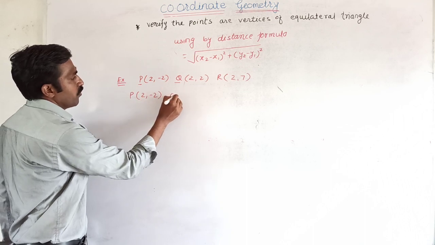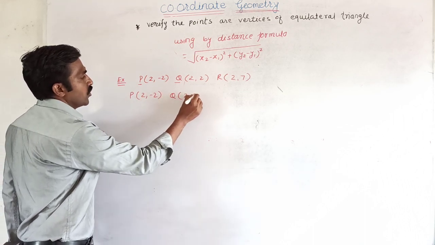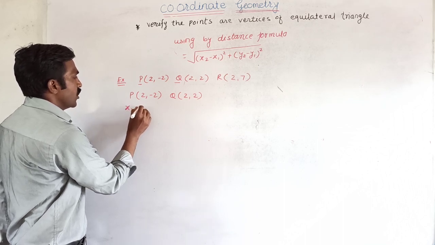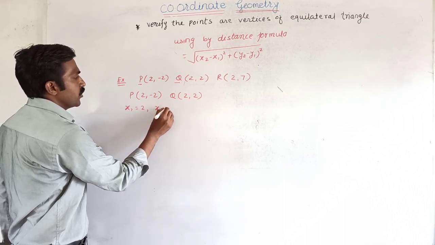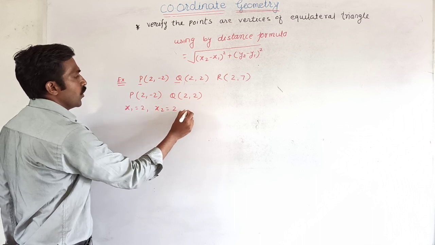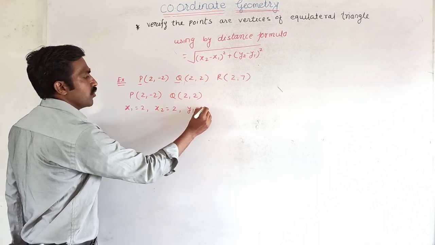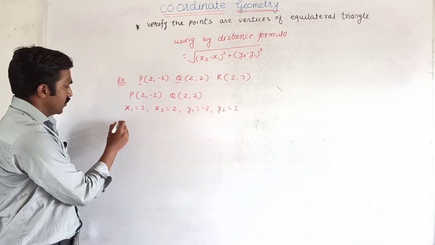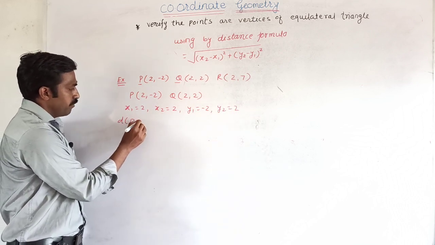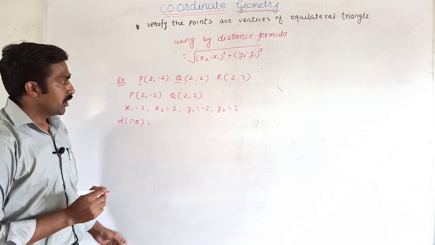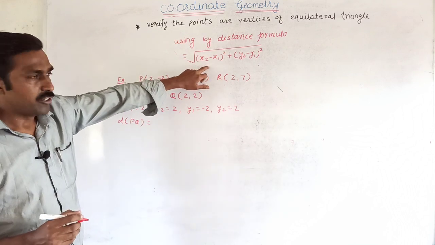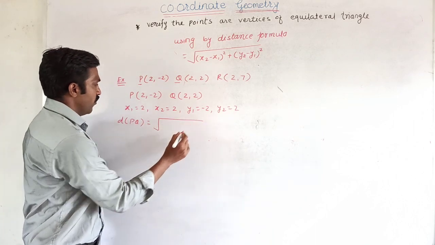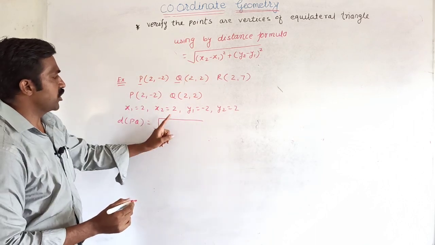P is (2, -2) and Q is (2, 2). Value of x1 is equal to 2, value of x2 is equal to 2, value of y1 is equal to -2, value of y2 is equal to 2. So distance of PQ is equal to, by using the distance formula, you know very well the distance formula, now put the value of x1, y1, x2, y2.